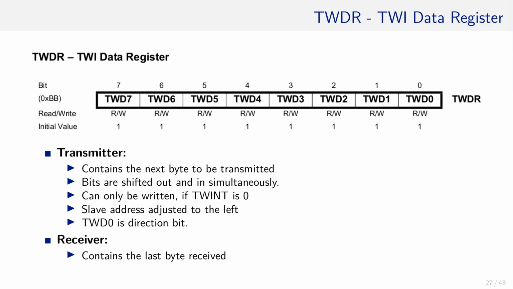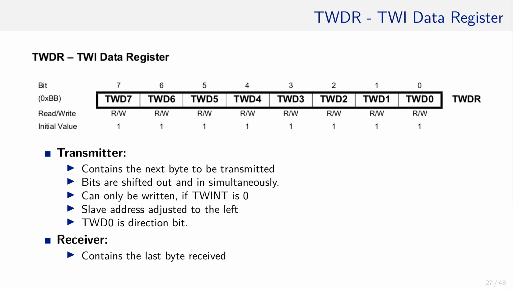While the TWBR takes care of the SCL line, we have to know what data is to be transmitted. That data is in the TWDR. That is either the data byte or the slave address with the direction bit summing up to 8-bit as well.